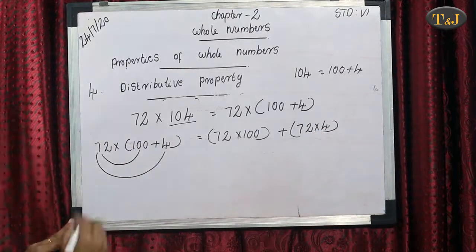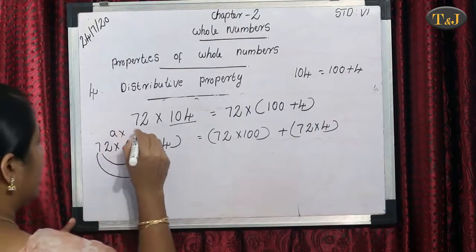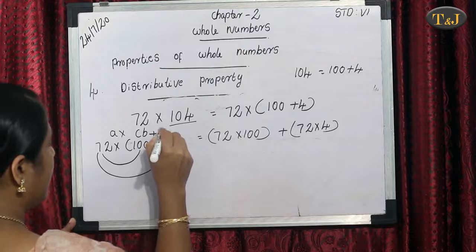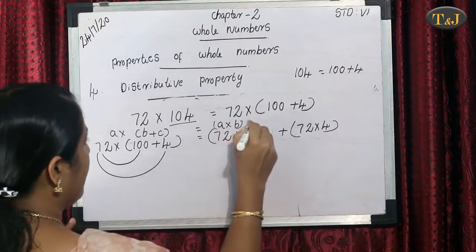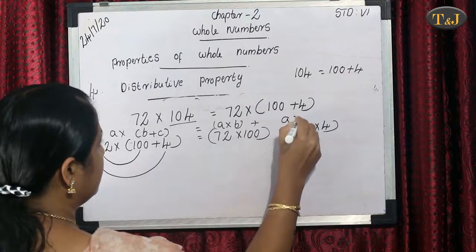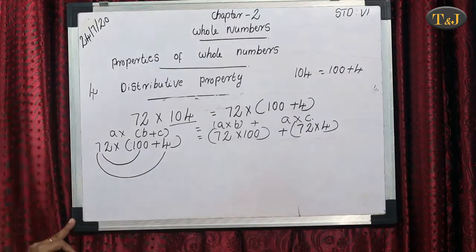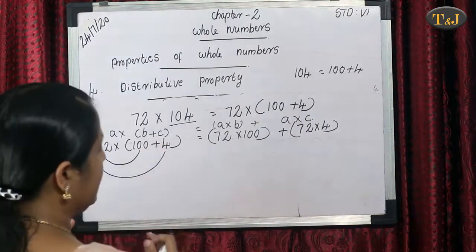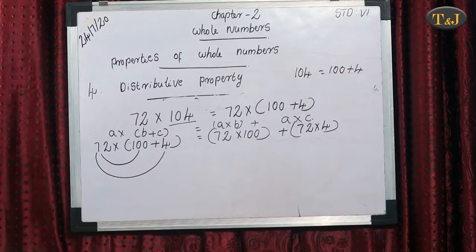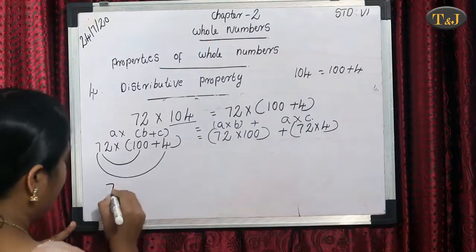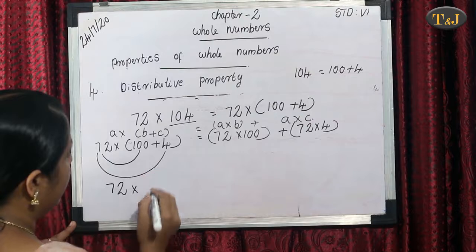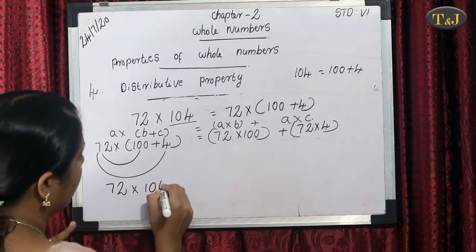Okay. Then that means A cross B plus C equals A cross B plus A cross C. Here our number A is 72, B is 100 and C is 4. Then how can we do this problem? First we have to write 72 here, then 100 plus 4 equals 104.